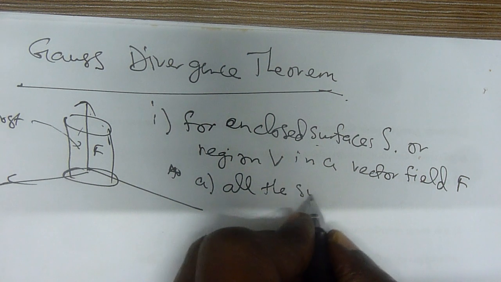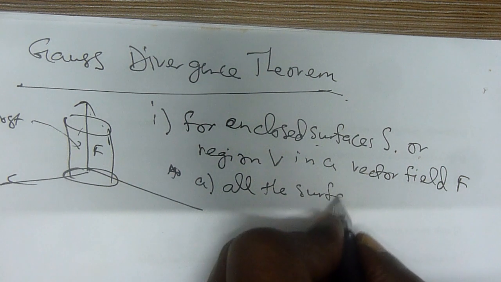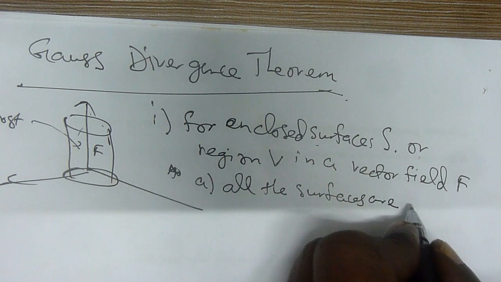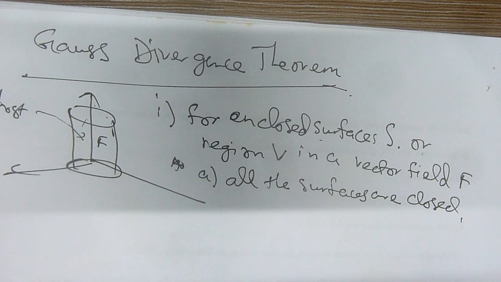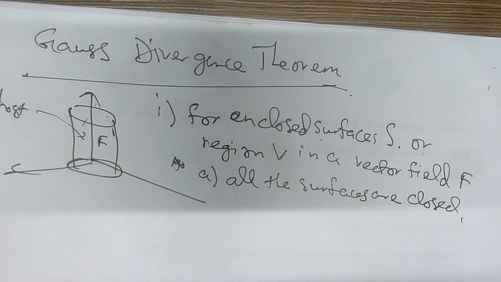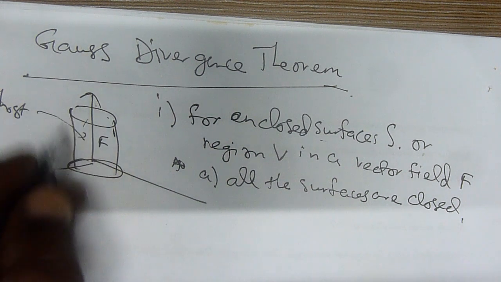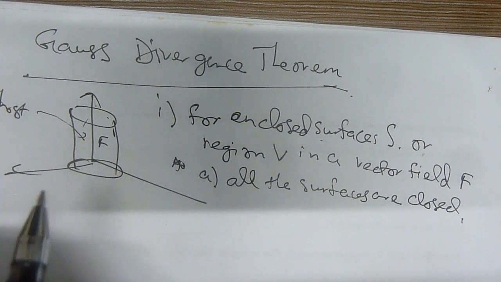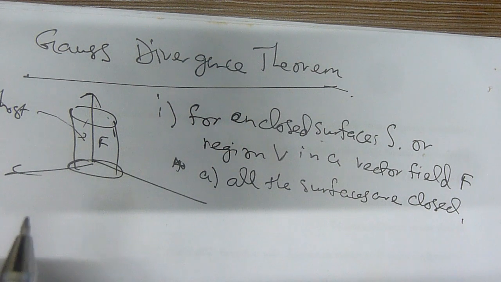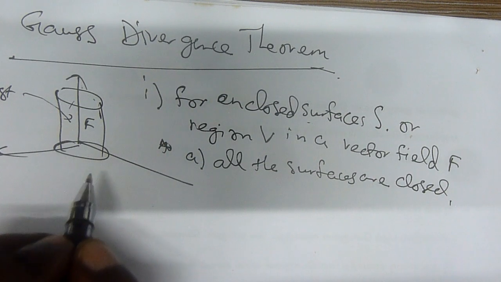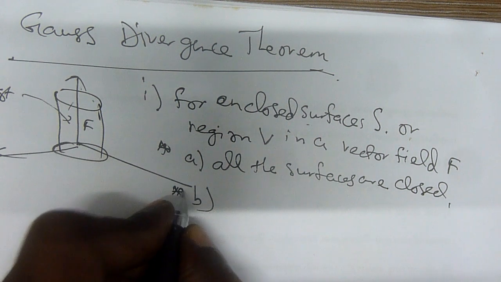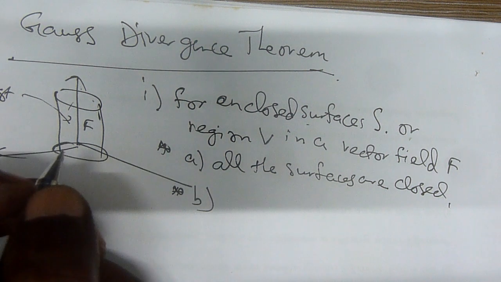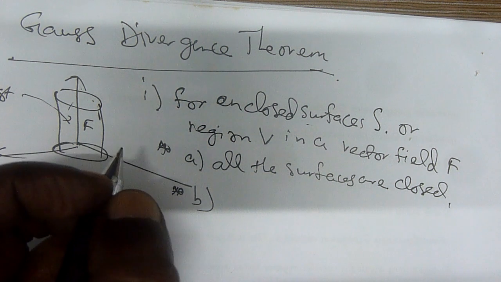It's very important because I'm stressing this point. All the surfaces are closed. You need to make sure all the surfaces are closed in order to work with this Gauss divergence theorem. If any one of these surfaces is open, you cannot use the divergence theorem to solve that. You must remember that this is a very important definition. Number 2B is also another important message here.